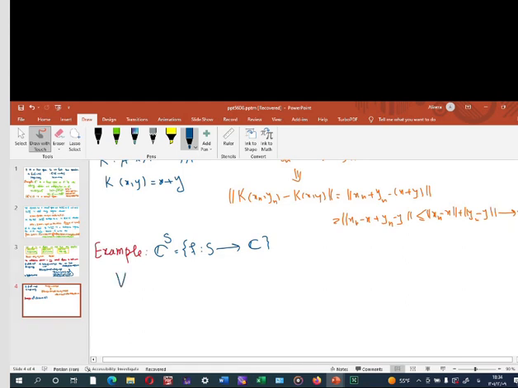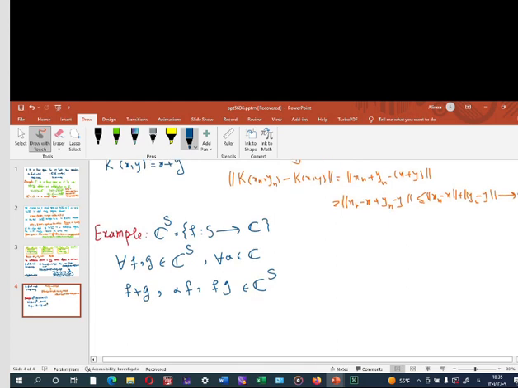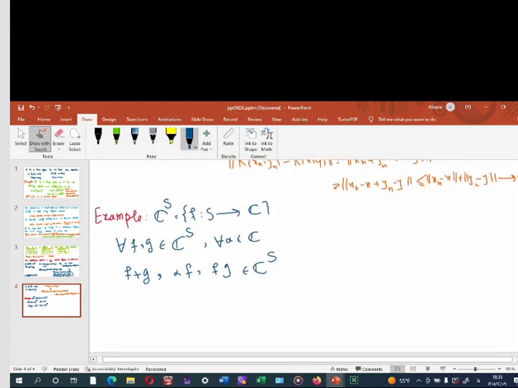for any f and g in this space, and for any alpha in the scalar numbers, we can define f plus g, alpha f and fg in this space by these definitions.